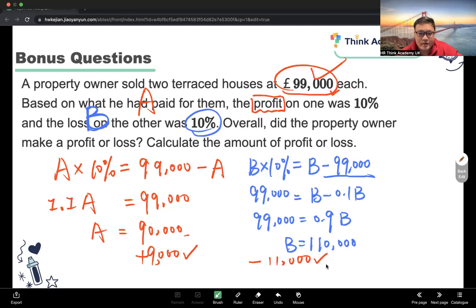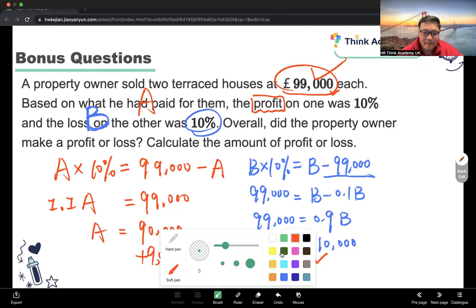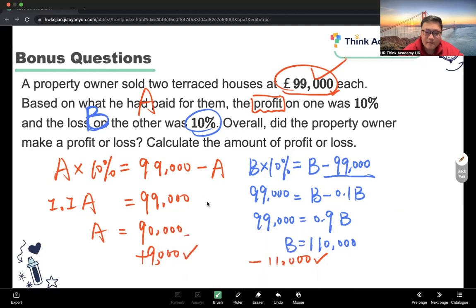In total, that will be 2,000 pounds loss, right? 11,000 minus 9,000, which is 2,000 pounds loss.